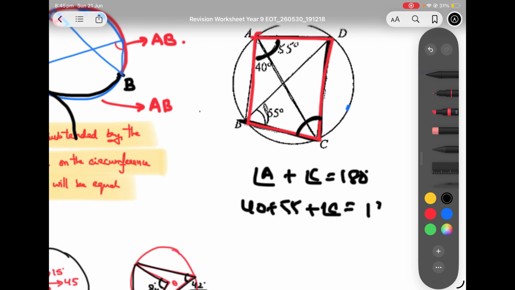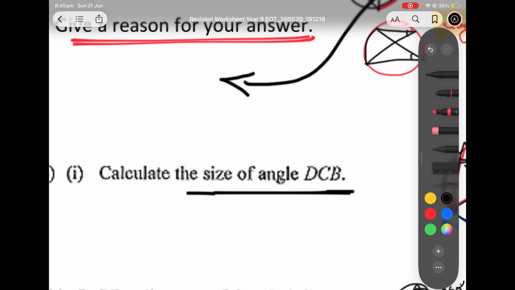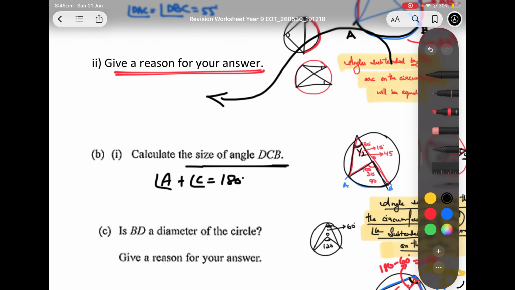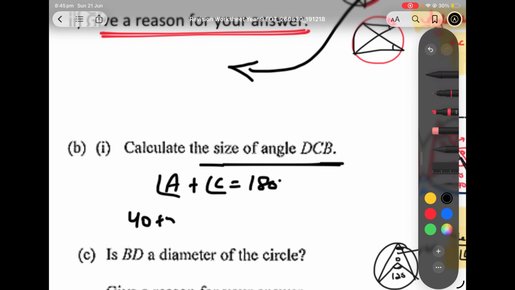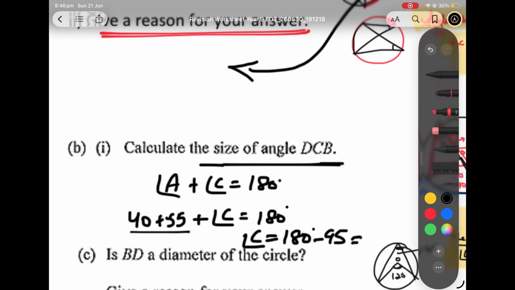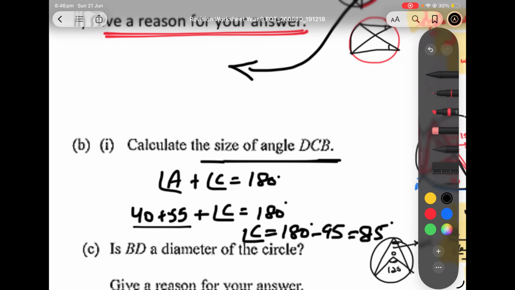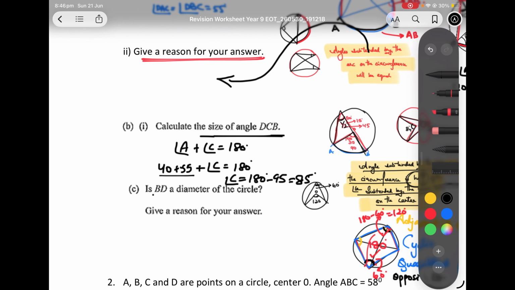Angle A plus angle C equals 180, so angle A is 40 plus 55 is 95, and going to the other side, angle C is equal to 180 minus 95, which is 85 degrees. Finished.